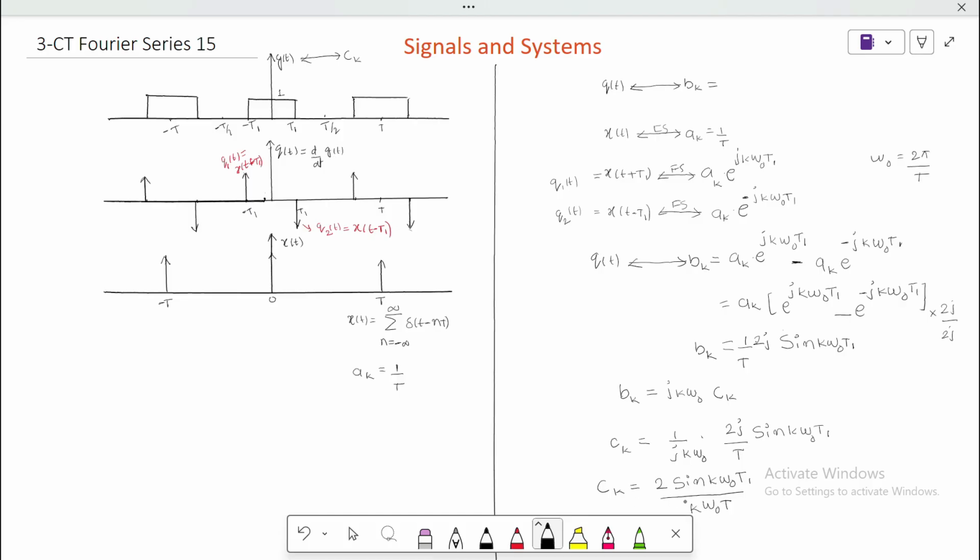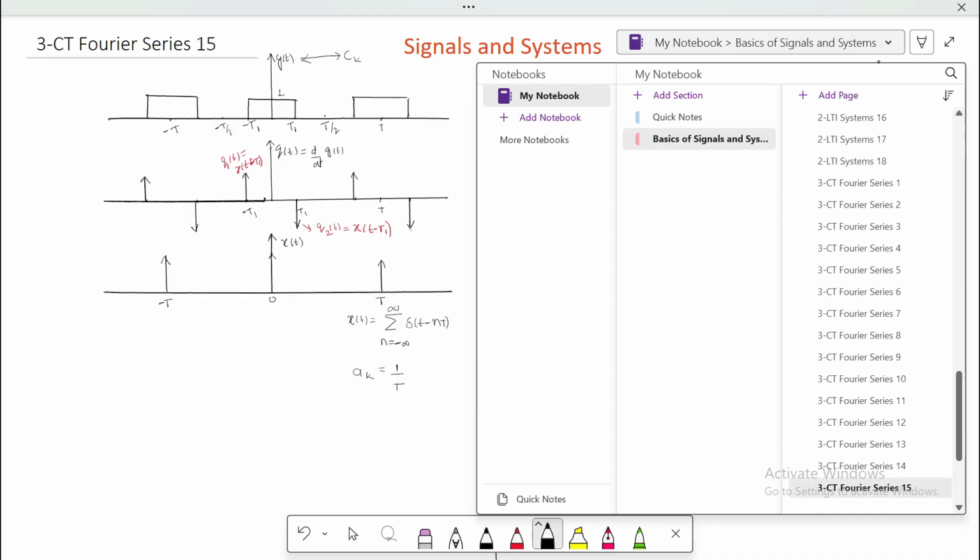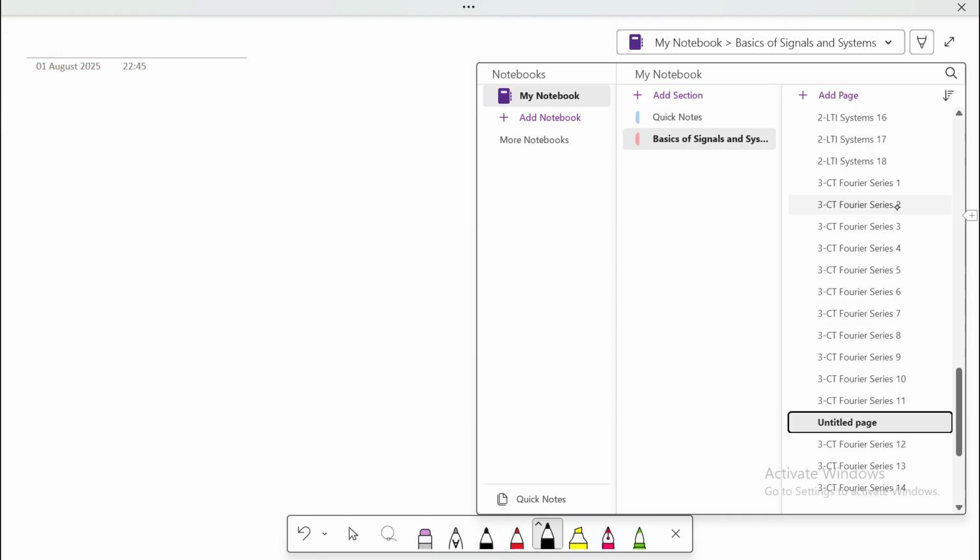This Fourier series coefficient of g of t is derived from the impulse train. It has already been discussed in the previous classes that I'll show you.